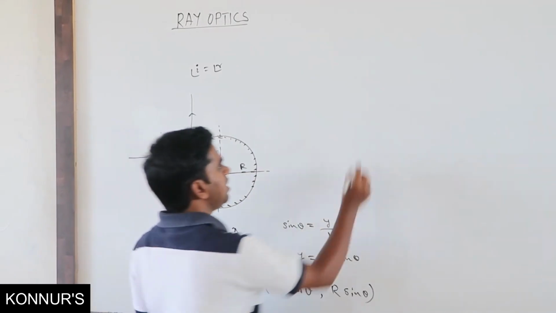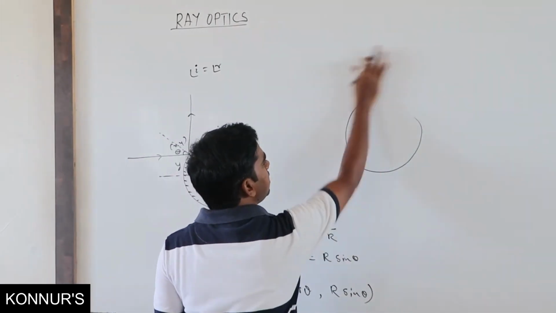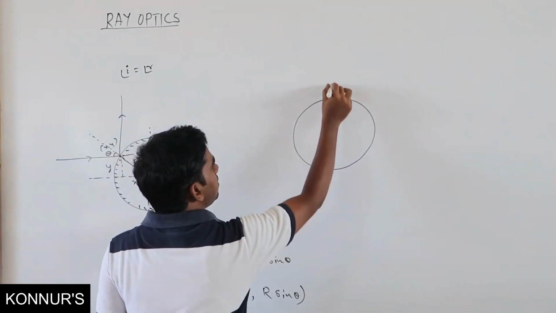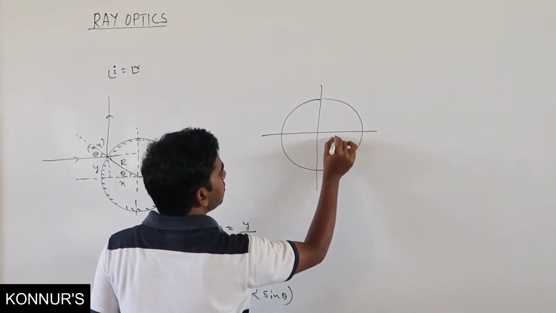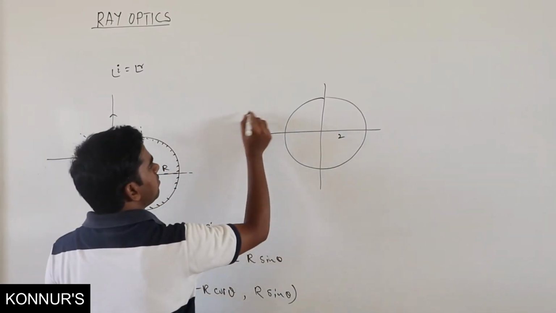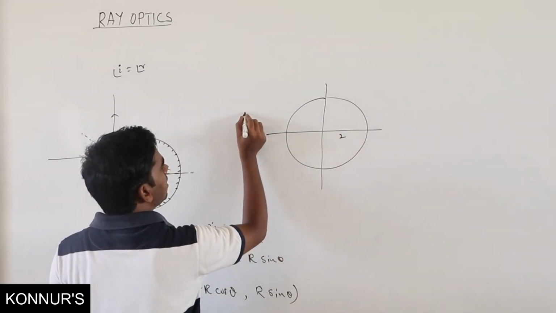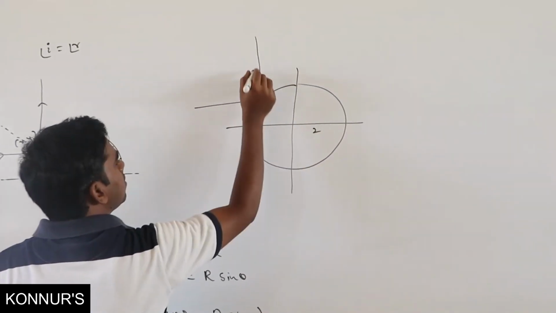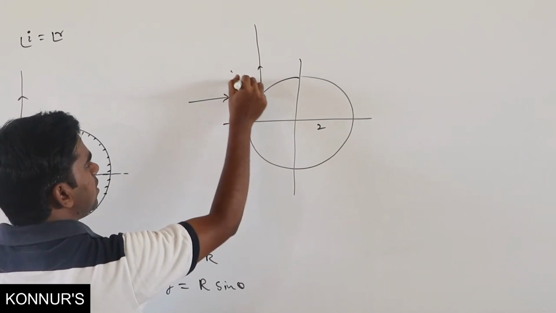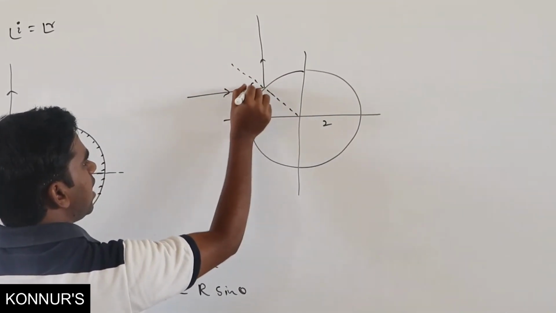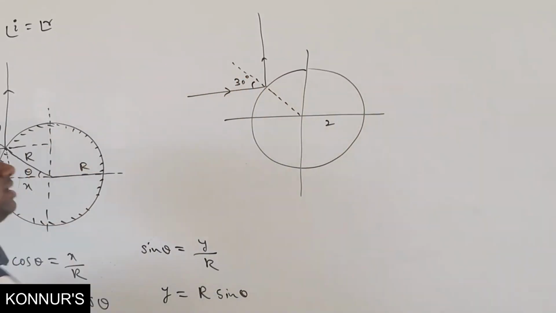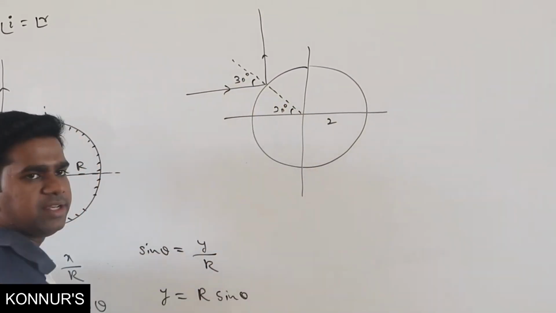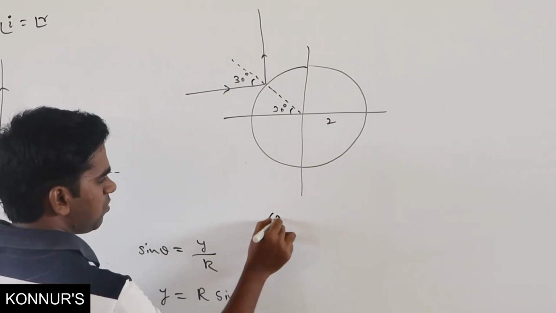Suppose they give the angle, say 30 degrees, and suppose this is your sphere with radius 2 centimeter. If the angle of incidence here is 30 degrees, here also it is 30 degrees. Now you want to find x comma y.